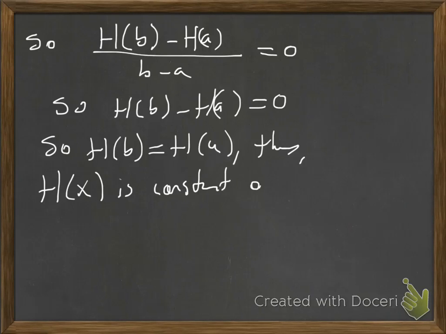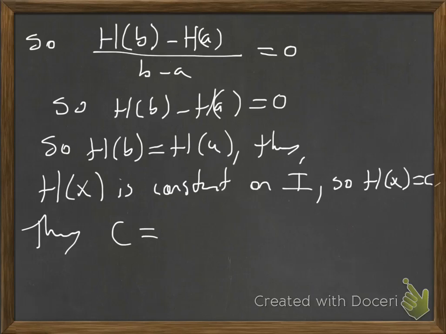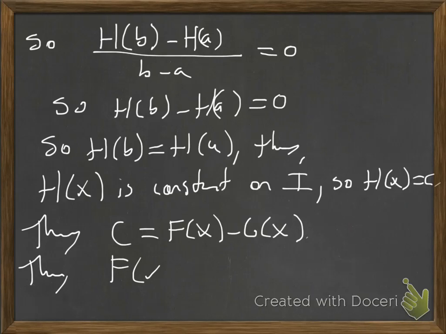So it's going to be equal to some constant number, we'll call it c, some real number. Okay, but h of x is f of x minus g of x, and thus we have that f of x just differs by some sort of constant.